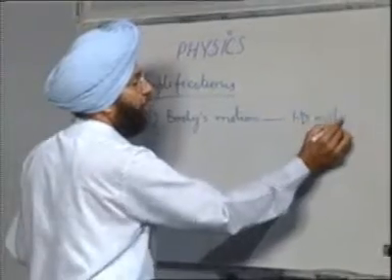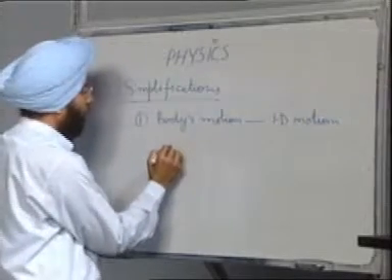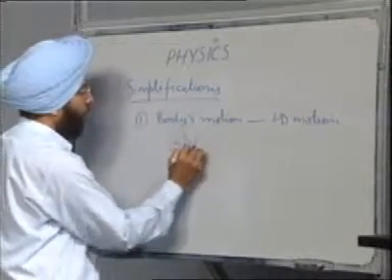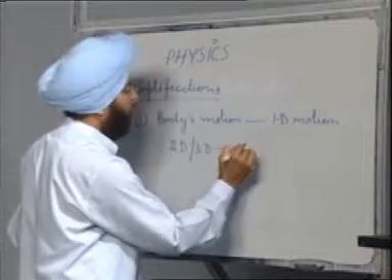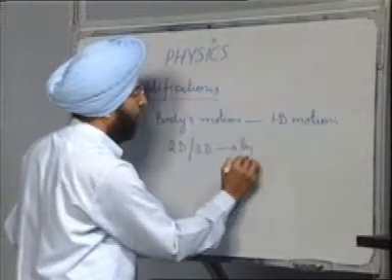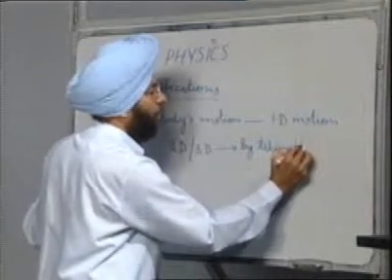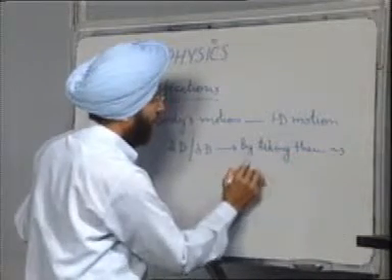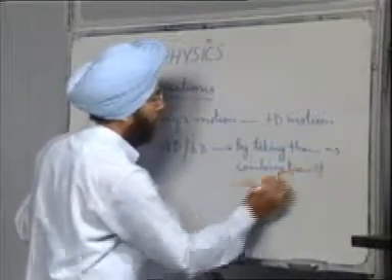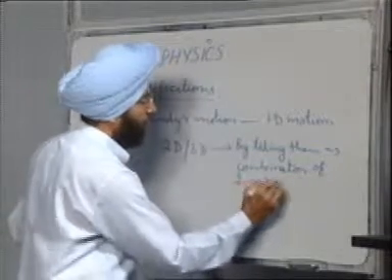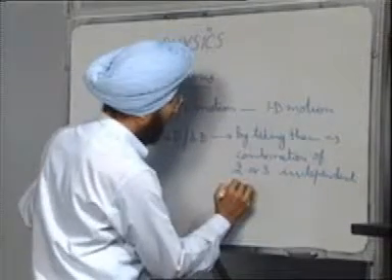So, we consider the body to be moving along a straight line. We can do this because 2D and 3D motions can be discussed by taking them as a combination of two or three independent 1D motions.